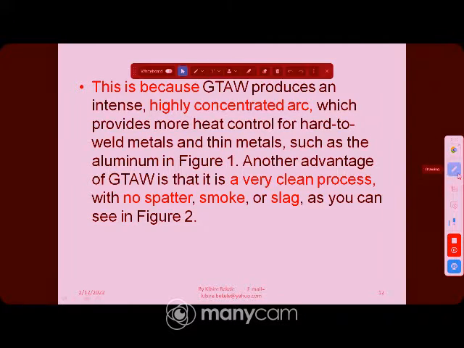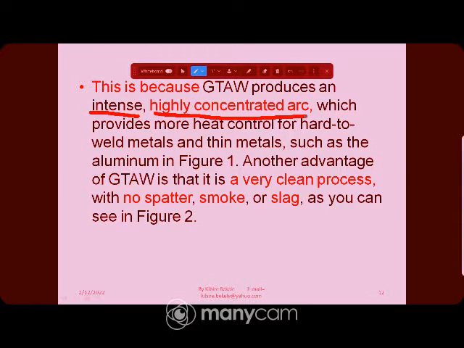A highly concentrated arc means it can simply control the heat to the joint area.